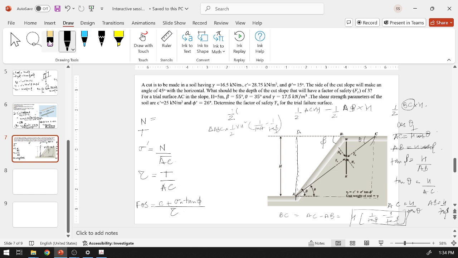Okay, and next, what is this length AC? If we take sine theta, we will have h over AC, so AC is h by sine theta.